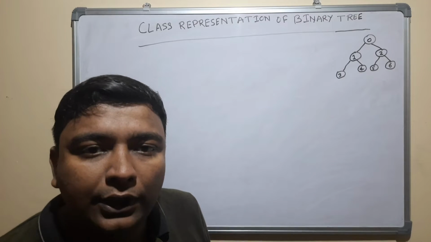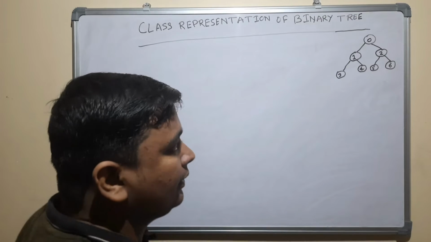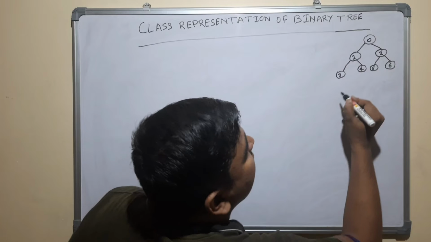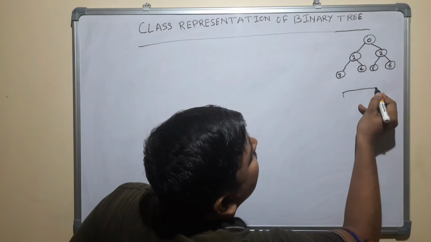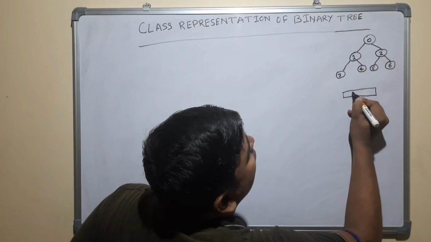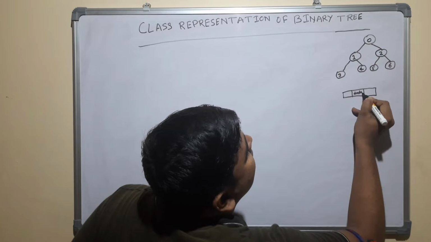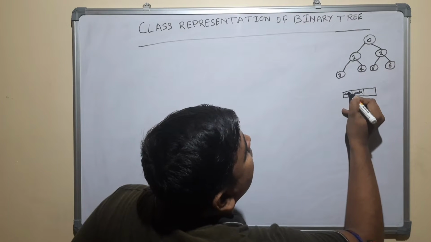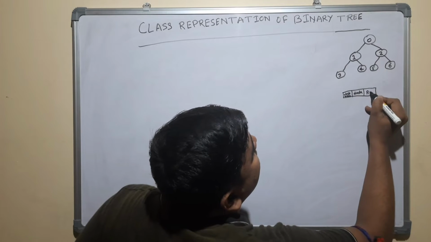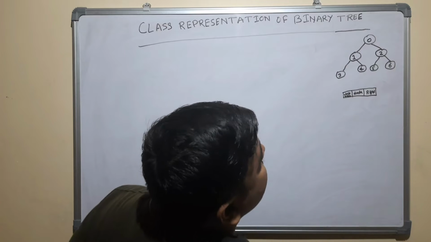One node class we need for representation of a binary tree. In the previous video I have already discussed that in a node there are three properties: one is data, the left pointer and the right pointer.